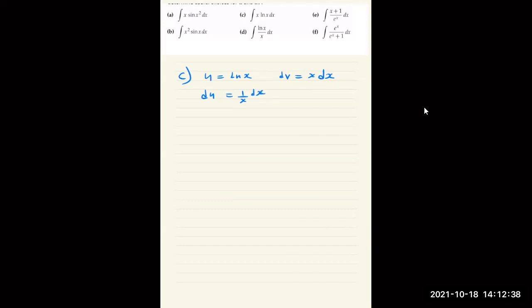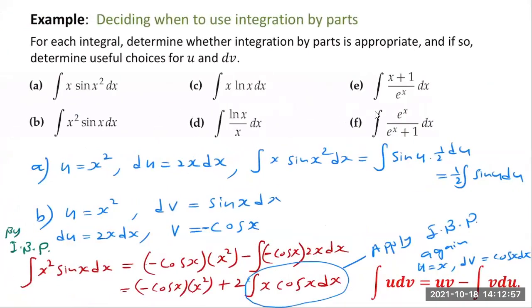From the other one, I can anti-differentiate this one easily. I will get v is equal to x squared over 2. Now I can go with the integration by parts formula. Let me copy the formula here one more time.